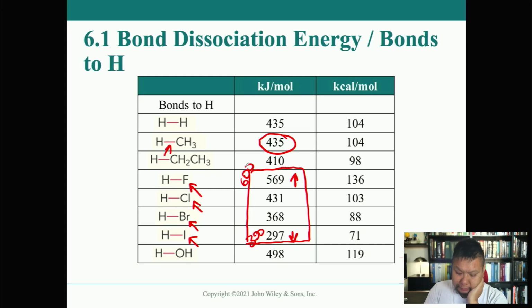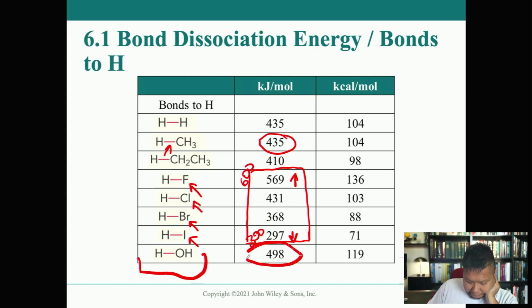The more electronegative something is, when it's connected to the hydrogen in a potentially acidic species, the more bond dissociation energy is required to break that bond. Okay. The proton off of a water takes about 500. That's a lot, right? That's pretty high up there too.